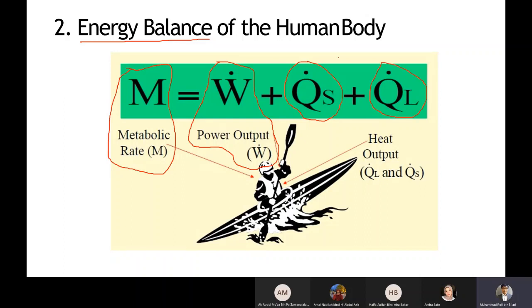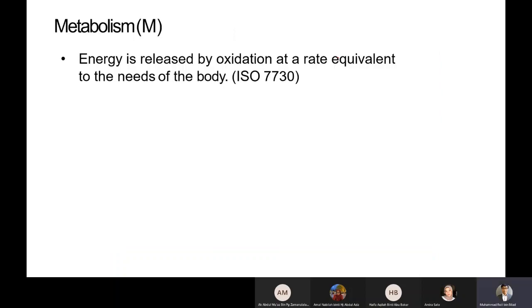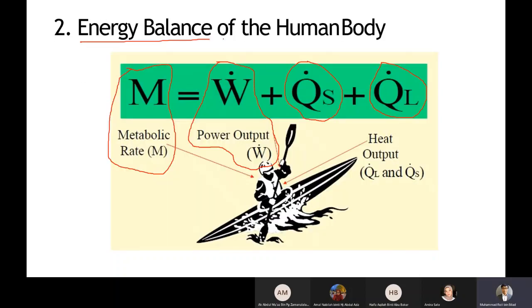What are they? We will discuss later on. Try to pay attention to this. This is a normal energy balance. We will discuss one by one: M, W, Q sensible, Q latent.